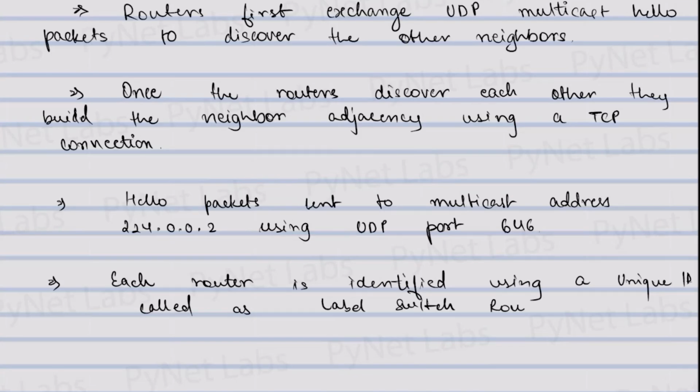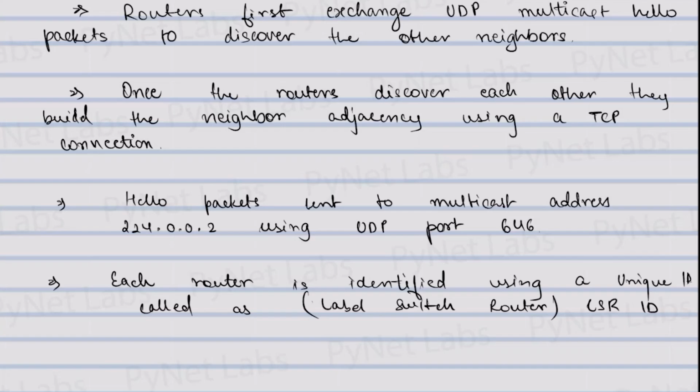So a router which you enable with MPLS, you can call it a Label Switch Router, and the ID through which you identify it is the LSR ID. Now LSR ID is exactly like the router ID of OSPF. So by default, it will select the highest IP address on a loopback interface as its LSR ID. And if you don't have any loopback, then the highest IP of a physical interface is selected as the LSR ID. Okay.